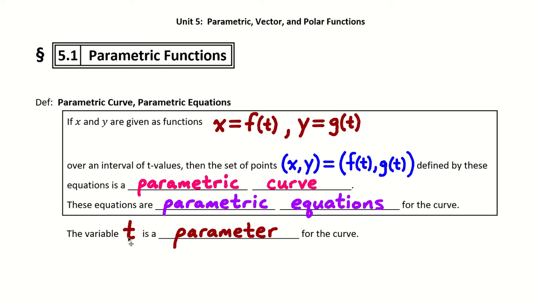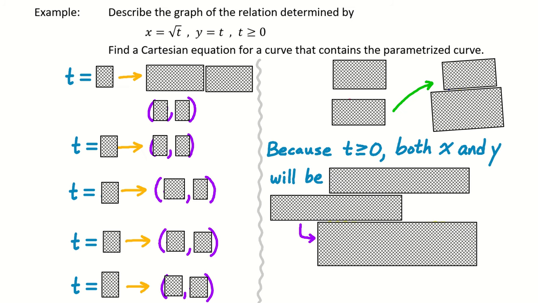We're using this other variable t as a parameter. The vocabulary isn't that important. The most important thing is to understand that we're defining both x and y in terms of another variable t.